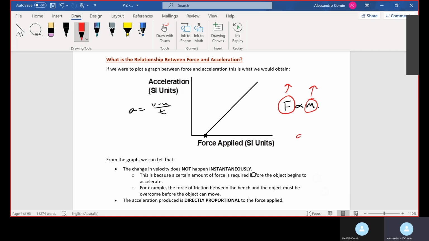So I could have A is proportional to B. If the left side increases, which is A, that means the right side would increase, which is B. So basically it's saying that as F increases, M would increase as well. I hope that makes sense because we're going to be applying this notation soon.